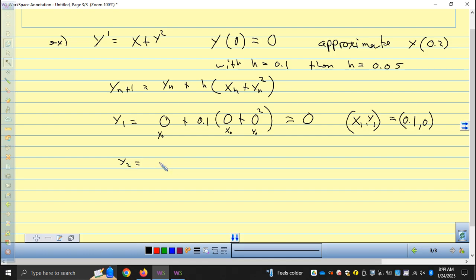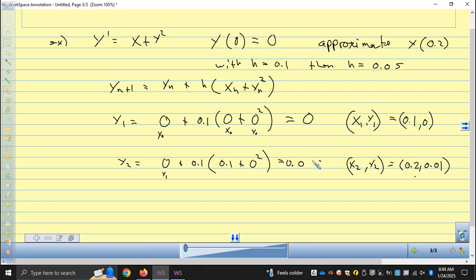y2 is 0, which is y1, plus 0.1 times x1, which is 0.1, plus y1 squared, equals 0.01. Wait, whoops, I was reading down from my next approximation.